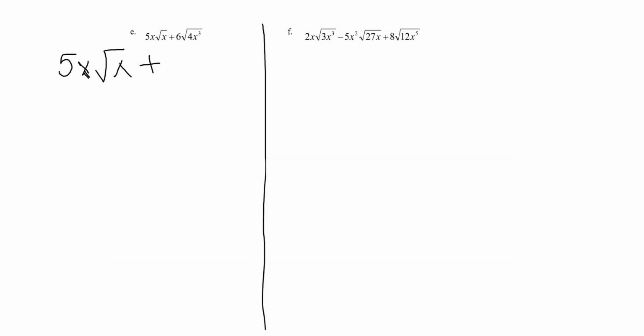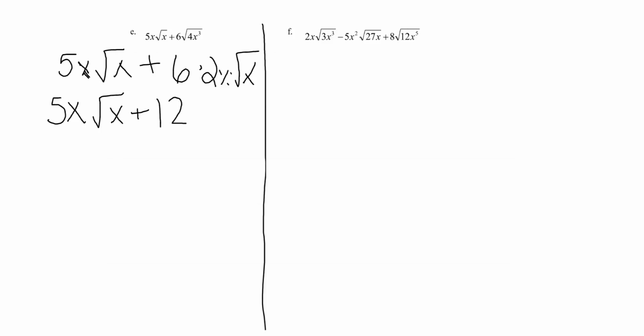The square root of 4 is 2, so that pulls that out, and 2 divides into 3 one time. So really, I'm going to have 6 times 2x and 1x left over. So when I simplify that, I'm going to have 5x times the square root of x plus 6 times 2 is 12. And we have our x there, and then we also have our square root of x.